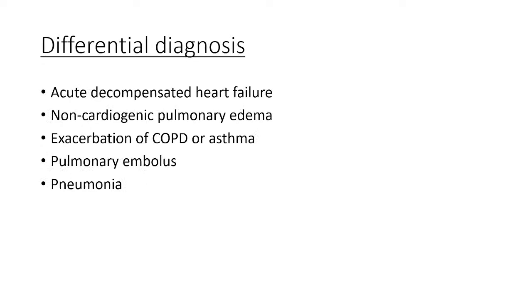The possible DDs would be, as Abhiraj said, based on the clinical scenario, the first thing that comes to our mind: acute decompensated heart failure, or any other cause of pulmonary edema, including non-cardiogenic causes. If the patient is a known case of bronchial asthma, it can be an exacerbation of bronchial asthma or COPD. It can even be a small LRTI or a pulmonary embolus.